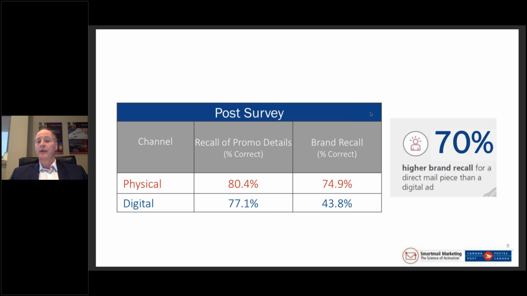It also is tied to the brand recall. Whereas in digital, although you can recall the promo details, you can't always tie that back to the brand. So the physical piece in somebody's hand links the brand recall to the recall of the promo details in a higher percentage. And you can see the brand recall is quite high. It's almost double.